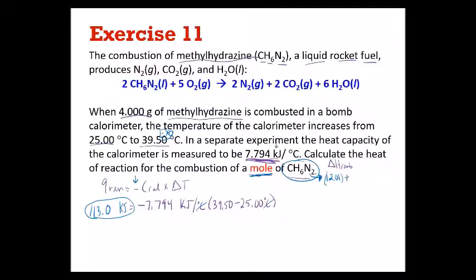The 6 hydrogens is 6.06 because each one's 1.01. And then the nitrogen 14.01 times 2 is 28.02. So we add that up and we get our molar mass here. And I get 46.09 grams per mole. This is the molar mass.